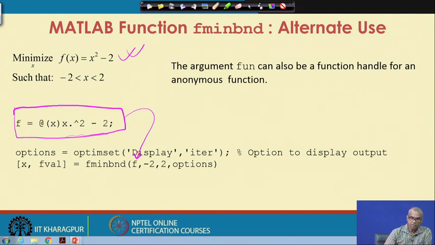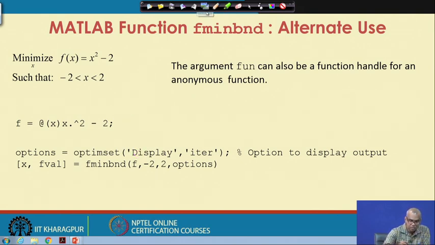You can also write this here. So, this is sometimes convenient if you have a simple function.